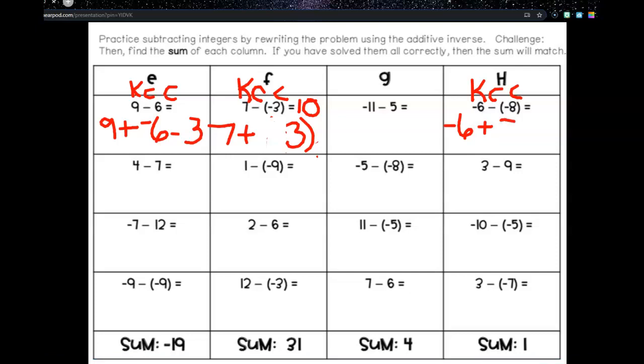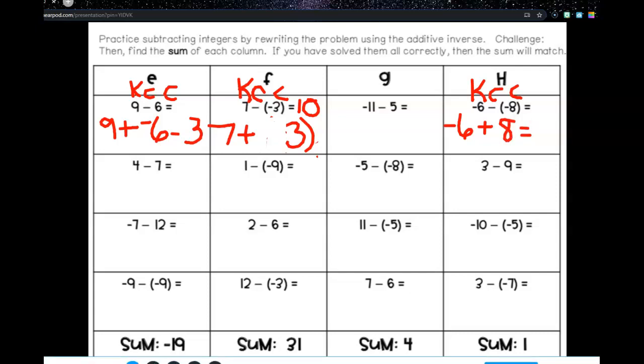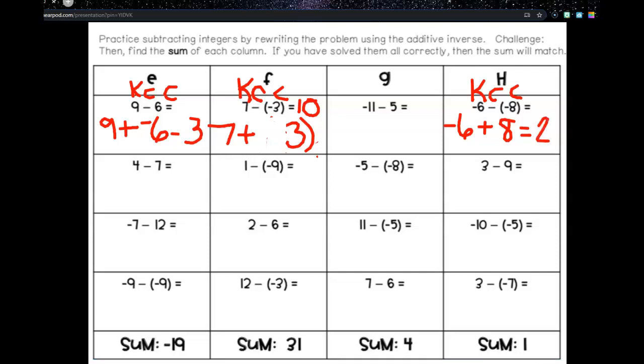Right. All right, so now I have an addition problem, and I have -6 plus 8. So is that same sign or different signs? Different sign. So we're going to subtract. 8 minus 6 is what? 2. And do I have more positives or negatives? Positive. So that's it. Just positive 2.